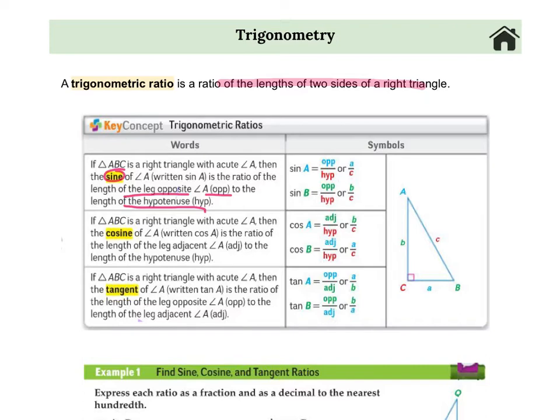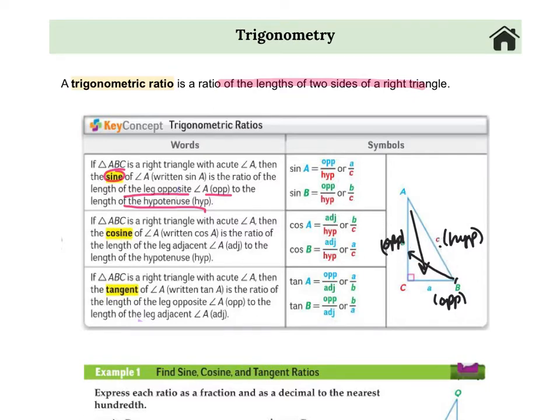So the sine of A, if we're looking at angle A, would be opposite over our hypotenuse, so in this case, A over C. If we look at the sine of B, we're going to go opposite to B over hypotenuse C. So the sine of B would be B over C. It's talking about the ratio of those side lengths.